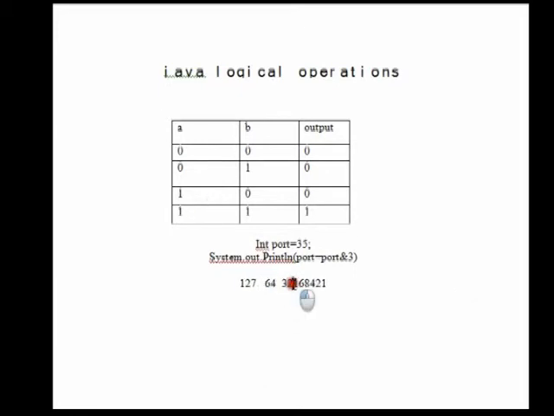Now that we've got these, how would you get 35 in binary form?